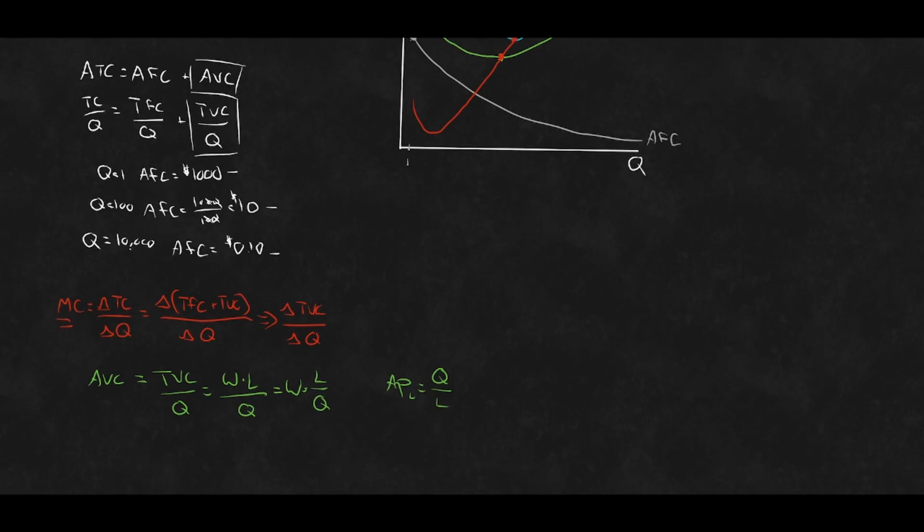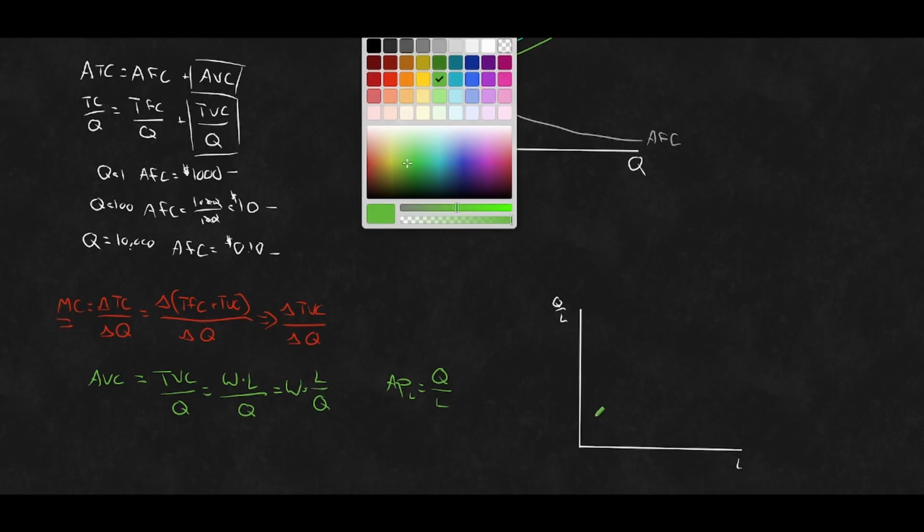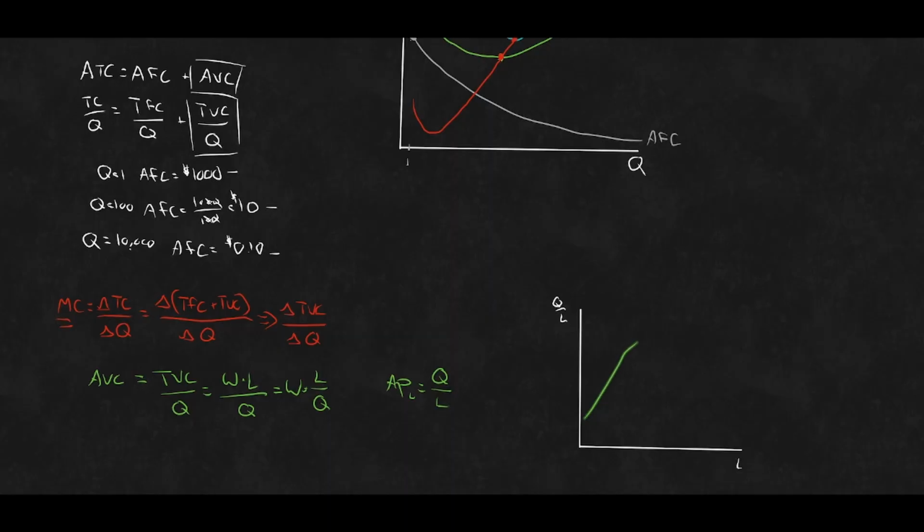Keep in mind, we introduced in that last video, let's just quickly remind ourselves of this. We called this our product curves. We had output per worker. We were then taking a look at our number of workers, and we said, hey, our average product of labor curve looked something like this.